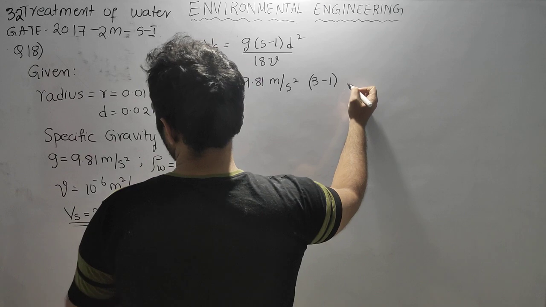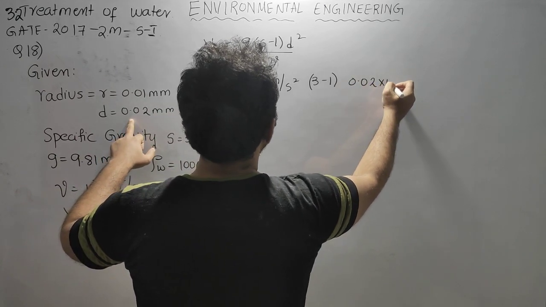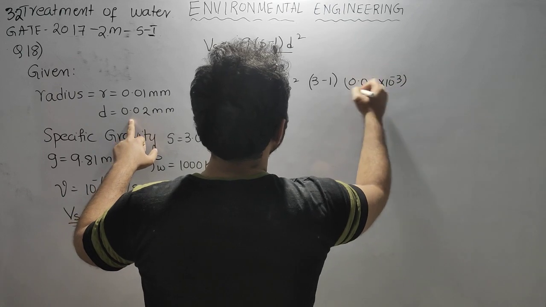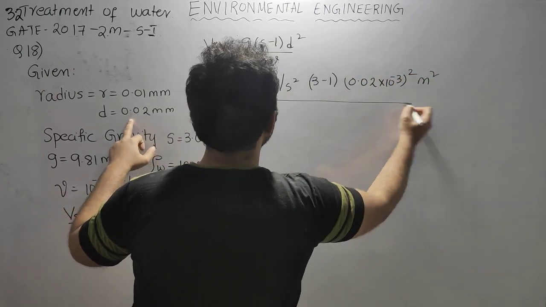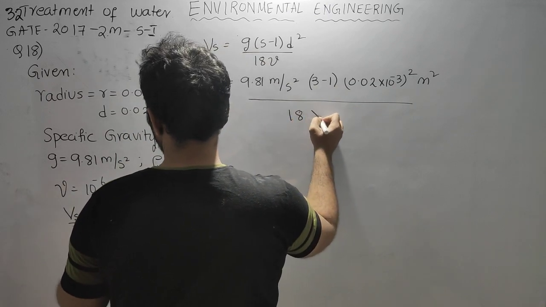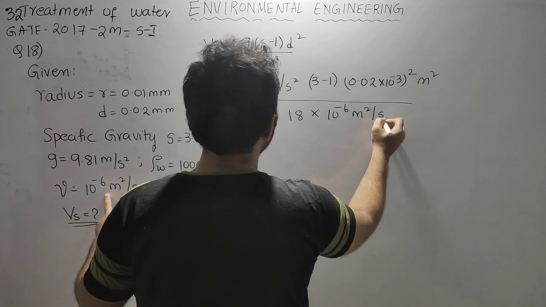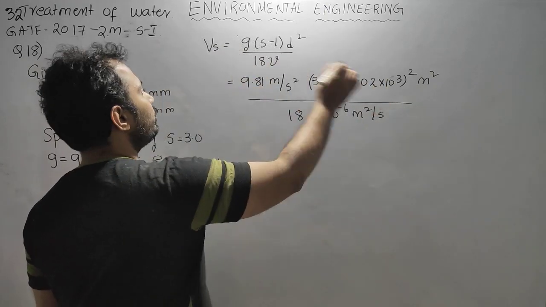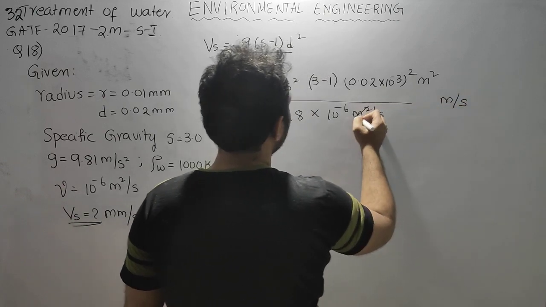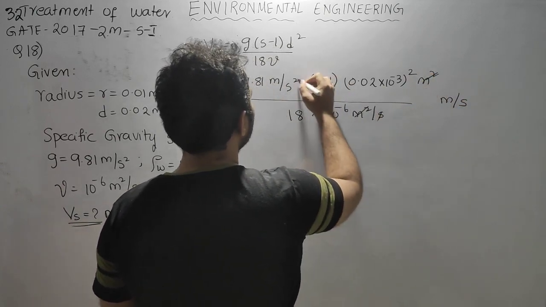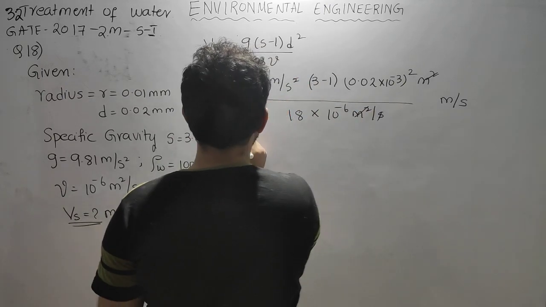D is 0.02 into 10 to the power of minus 3, whole square, in meter square. And 18 nu is 18 into 10 to the power of minus 6 meter square per second. Meter square cancels and we get the value in meter per second.